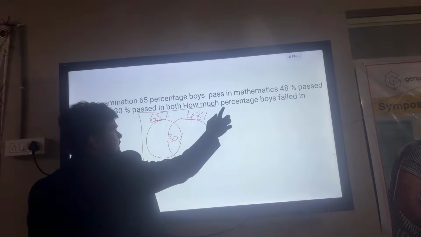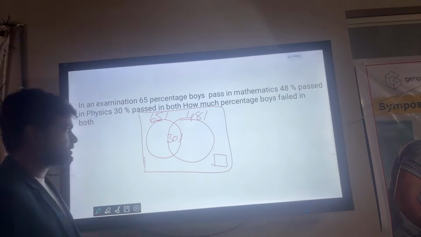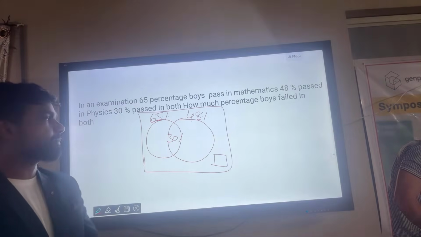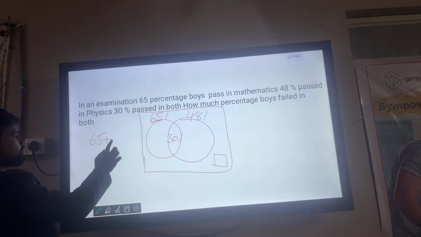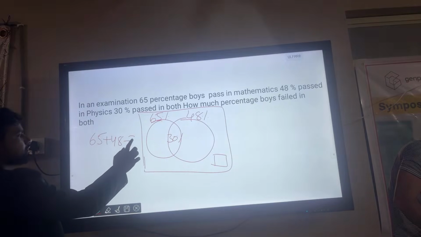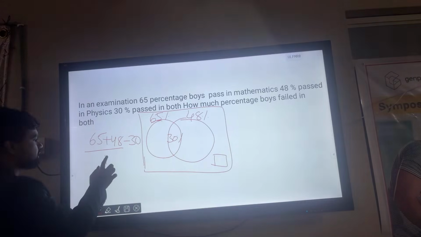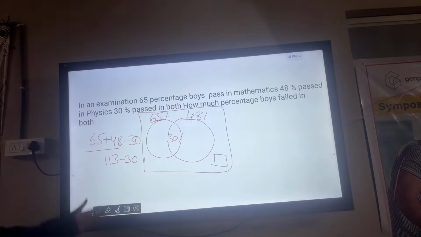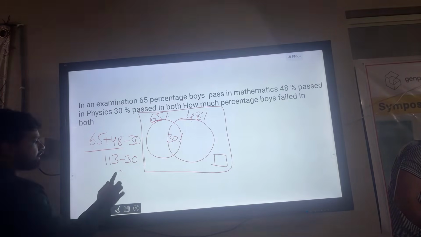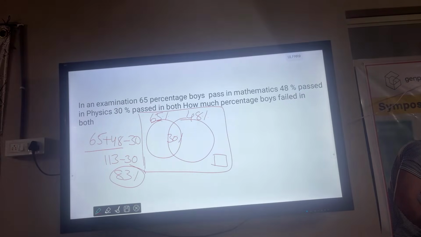This portion is about passed, and this portion is about the failed percentage. First, identify the passed percentage. 65 plus 48 minus 30. When you add these two, 113. 113 minus 30 is 83.